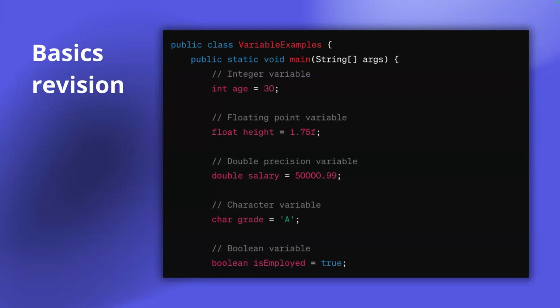A double is like a float, but with higher precision. Then char is a character variable, so it stores only one character, and a boolean variable stores only true or false.